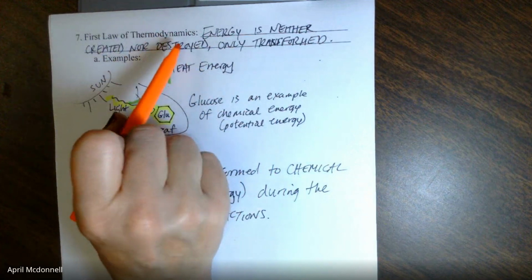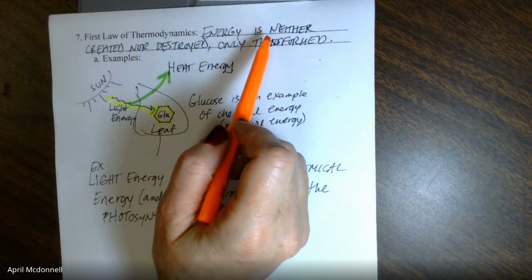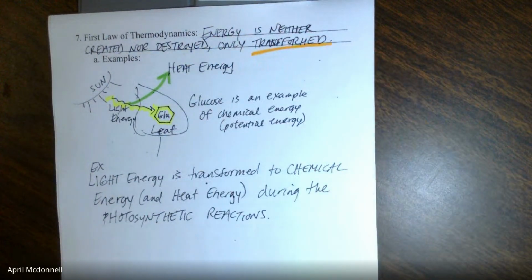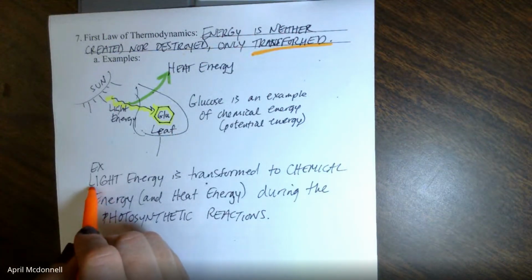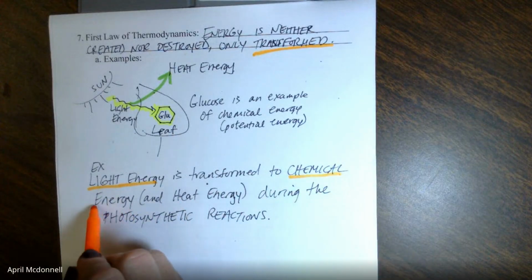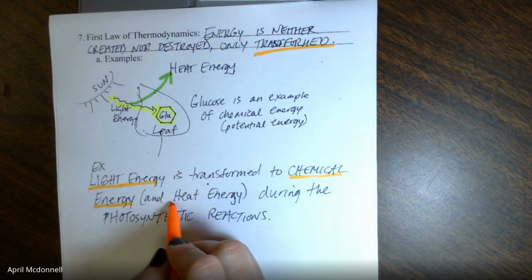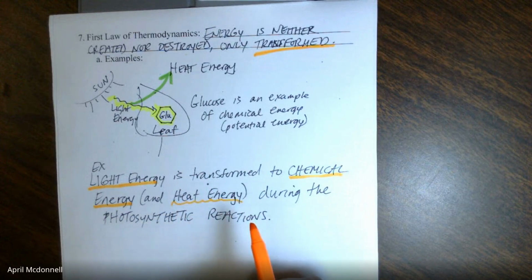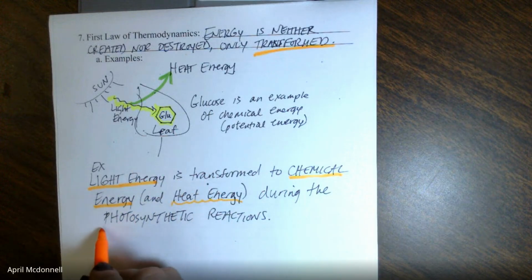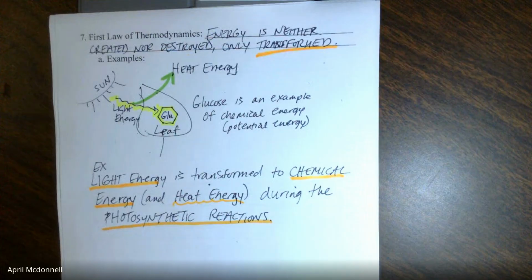So according to our first law of thermodynamics, we didn't create or destroy any energy. We only transform energy during reactions. So we start off with light energy, and that light energy is transformed to a different type of energy called chemical energy. Remember, there's always heat energy given off during every reaction. And this energy transformation happened due to the photosynthetic reactions.